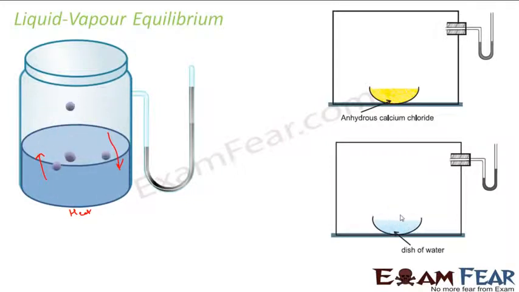The normal evaporation process will take place, and the water from here will go to this area, right? Now the water level will be less and the vapor pressure will be created. You see the mercury level will go down, and then after some time it will attain a fixed level.